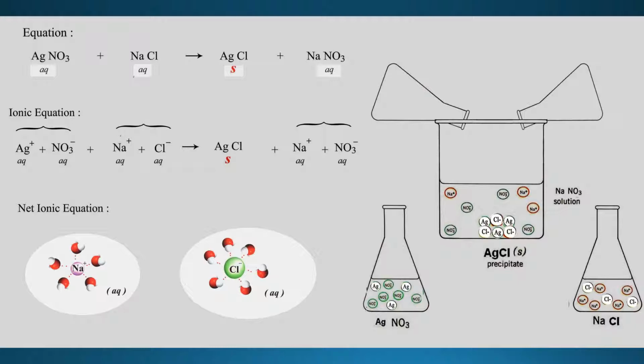So on this ionic equation, you can see that the Ag is surrounded by water, and NO3 also separate and surrounded by water. Na also surrounded by water, as Cl also will be surrounded by water. So put it into separate form, separate form, separate form, separate form.